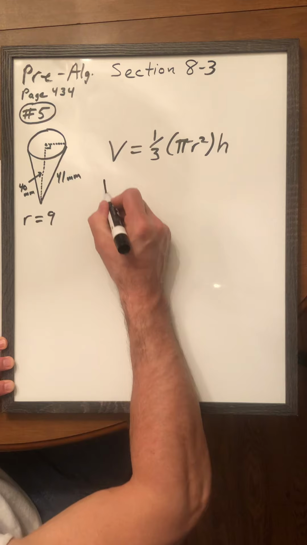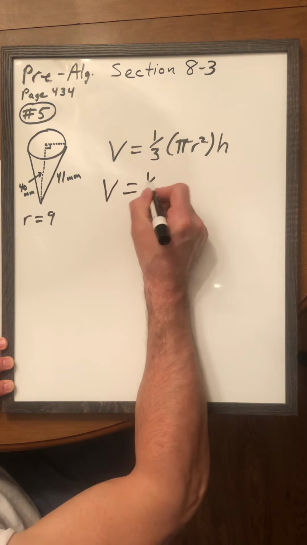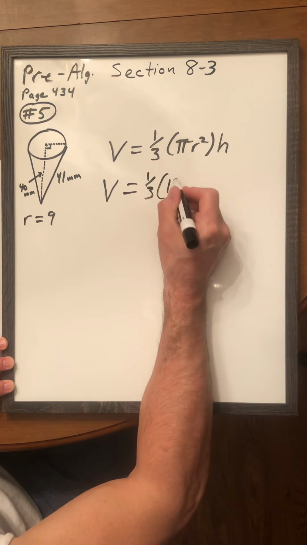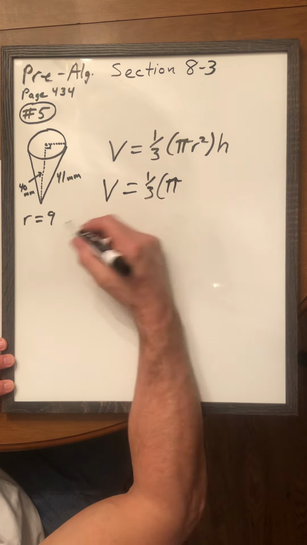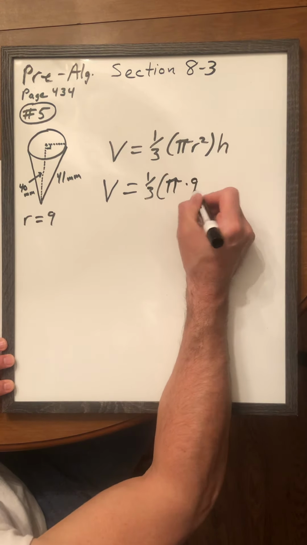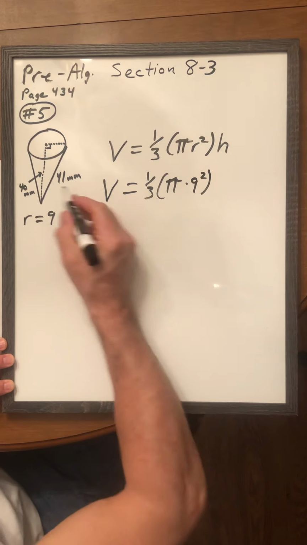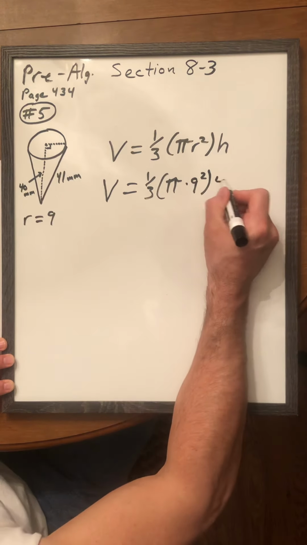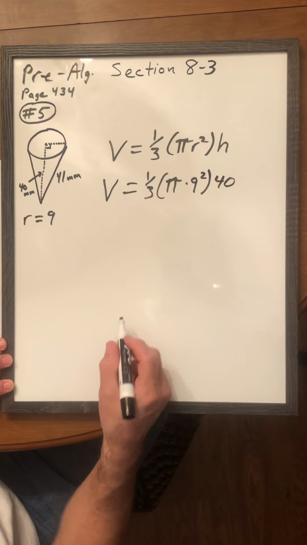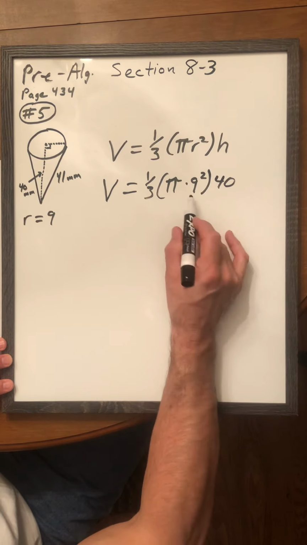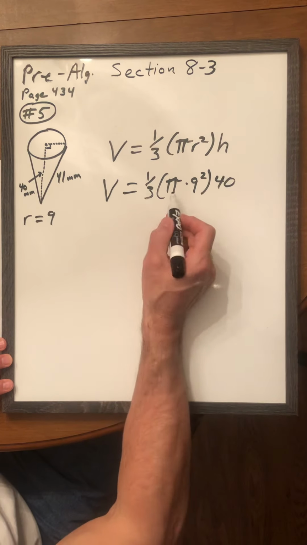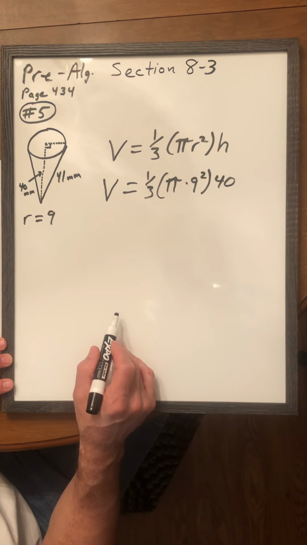The 1/3 stays in there. I'm going to leave pi in there until the end, and then the radius was 9, squared, and my height is 40. Once you write your formula, you plug in your numbers.